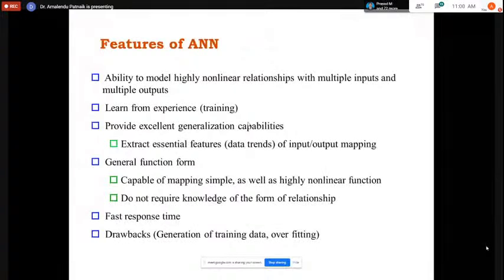The only thing to note in this particular case is that the response time of these networks is very fast. This is one of the major reasons why people are going for application of neural network techniques in antenna engineering.